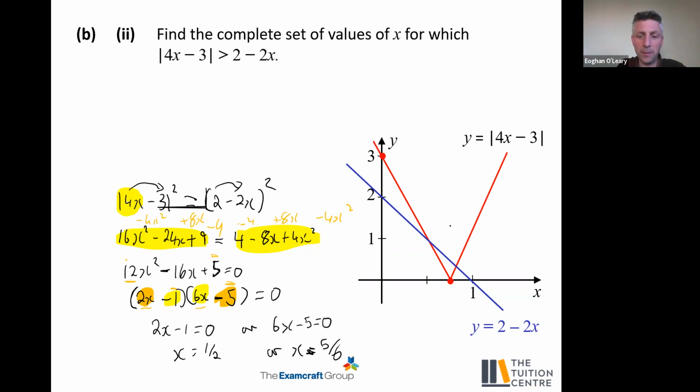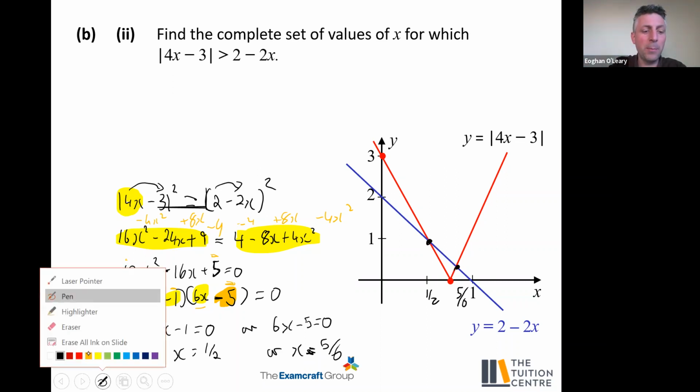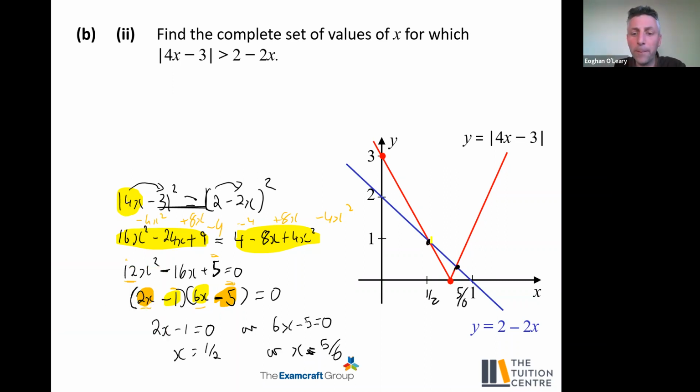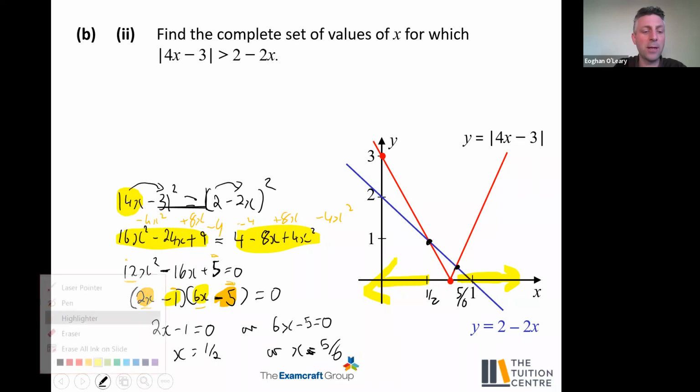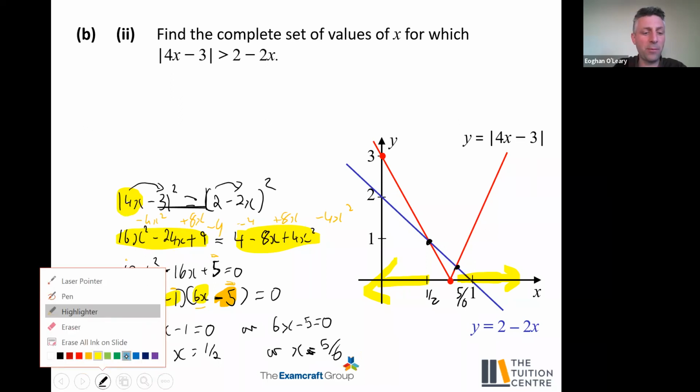So my points here will be x equals 1/2 and x equals 5/6. And of course, from what I described earlier, because I'm looking for the place where the red is above the blue, I'm going to be going to the left of 1/2 and to the right of 5/6. To the left of x equals 1/2 and to the right of x equals 5/6.